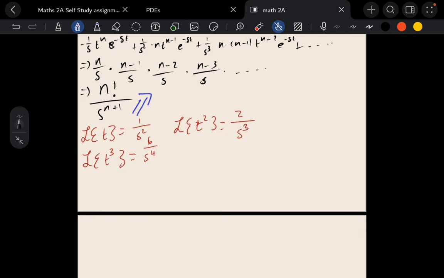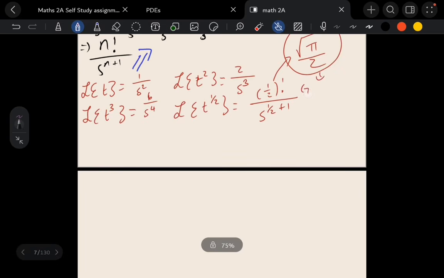Right? Now, I'm just going to pose a question. What is the Laplace transform of t to the power half? This thing will be 1 over 2 factorial divided by s to the power 1 over 2 plus 1. Now 1 over 2 factorial, it is root pi over 2.